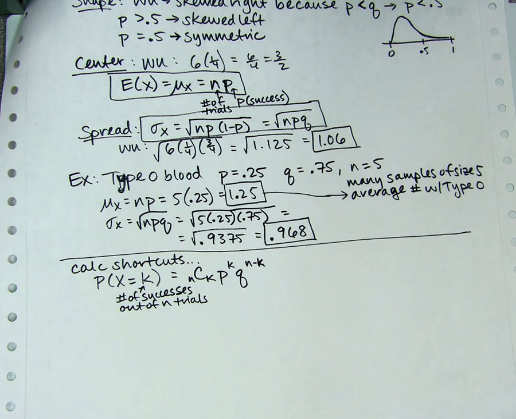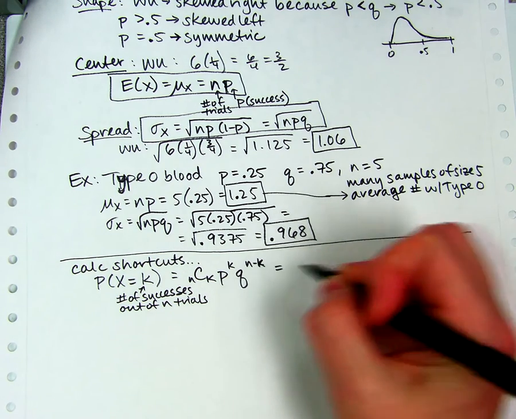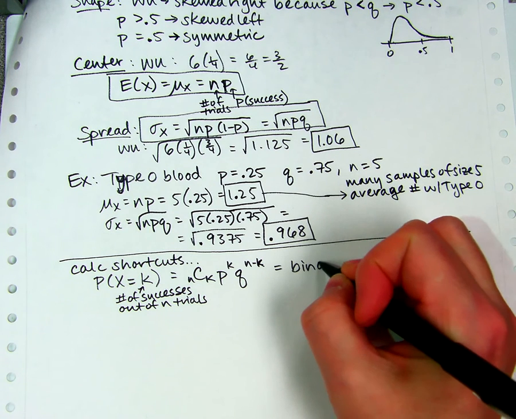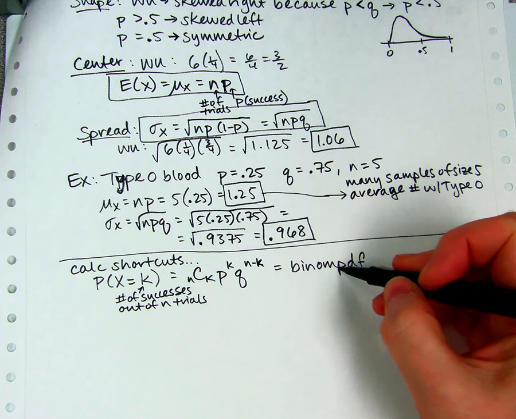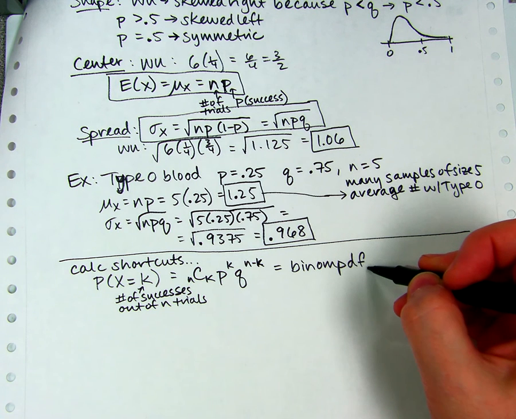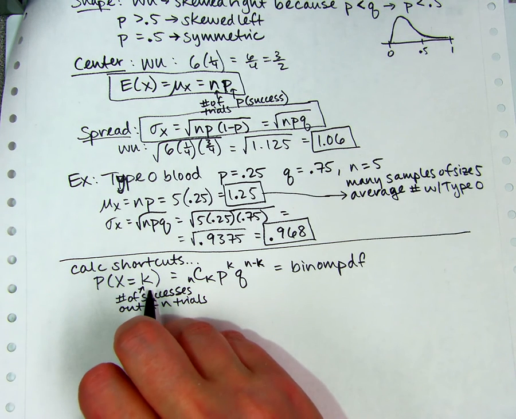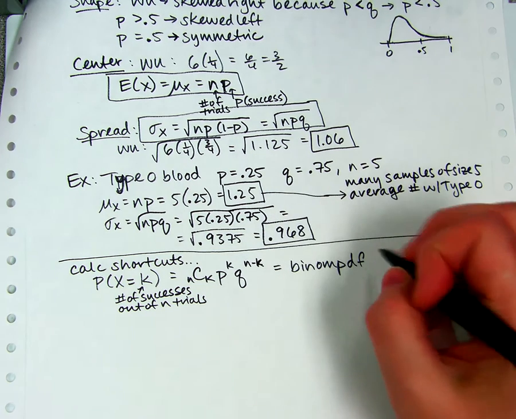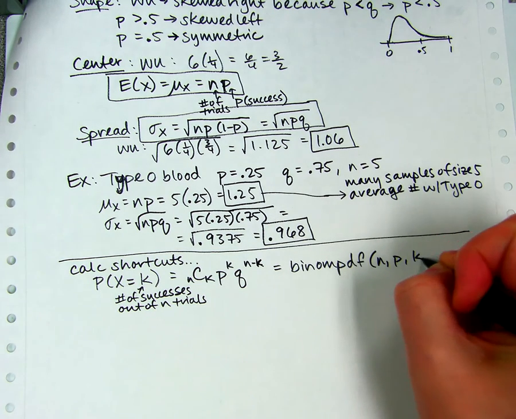But there's a shorter way to type it, so you are also allowed to type it this way. Today's the day I'm going to tell you there is a shortcut called Binomial PDF. PDF stands for Probability Distribution Function, and it basically finds the probability that x equals k given that we know p and n and k. In fact, those are the 3 things you need: n, p, and k.